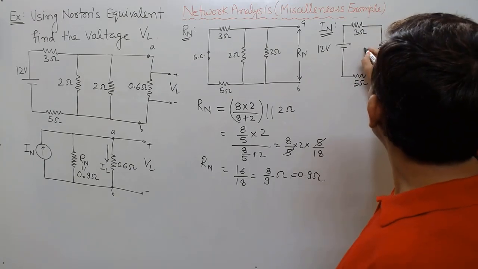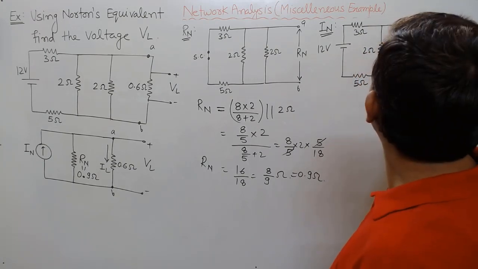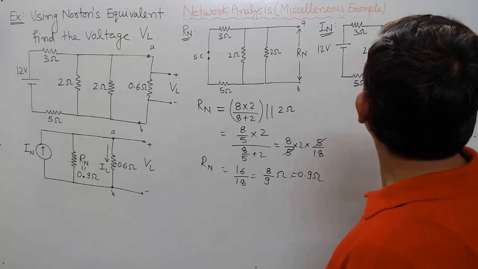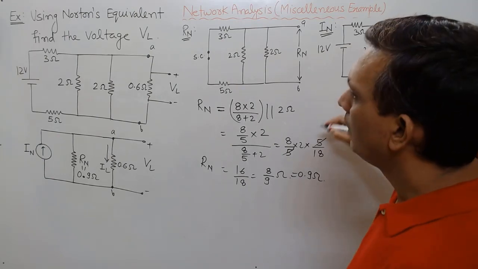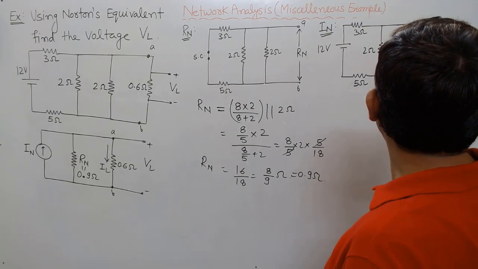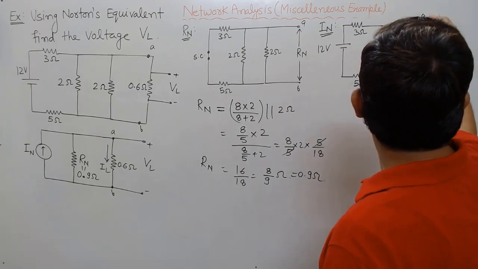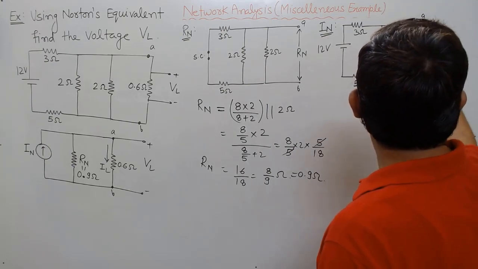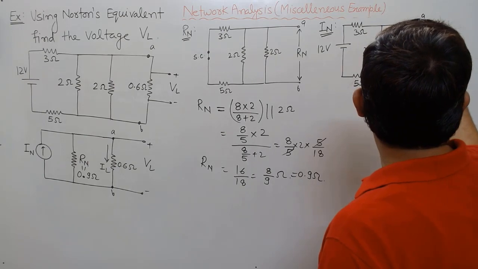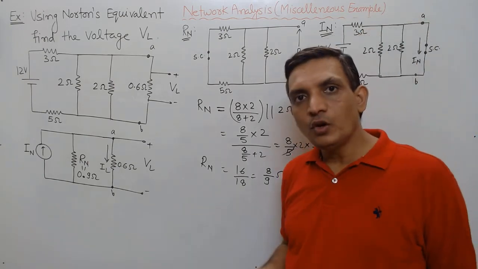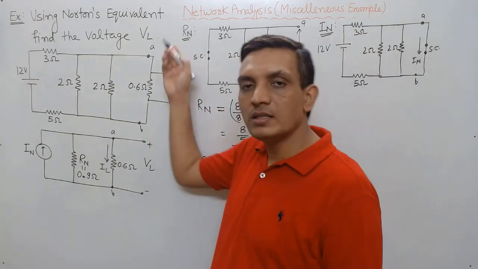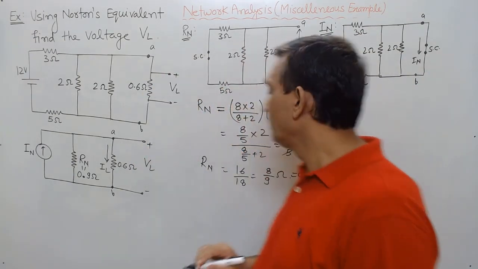This resistance is 2 ohms, this is 2 ohms. And across AB, AB is short circuit. So that is the definition of Norton's current. When the load is short circuited, you will get the short circuit current.